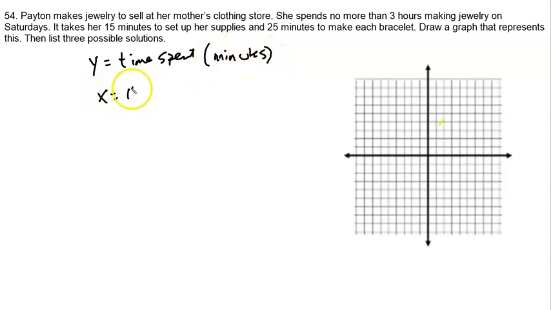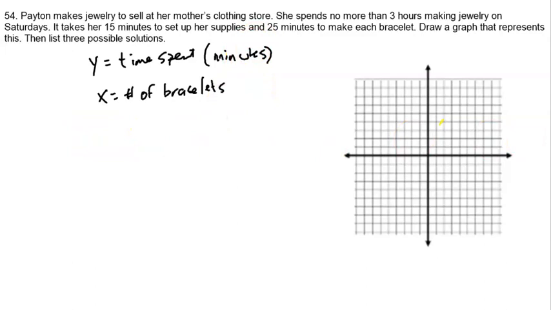And X will be the number of bracelets made. So we can conclude that more bracelets would equate to more time, obviously. The more we make, the more it's going to take in terms of minutes.